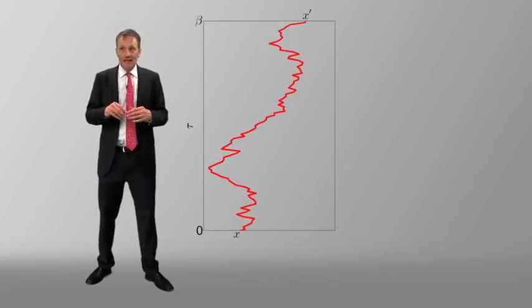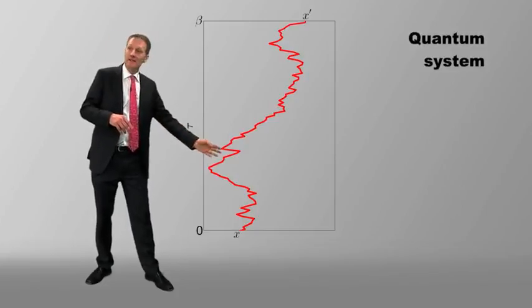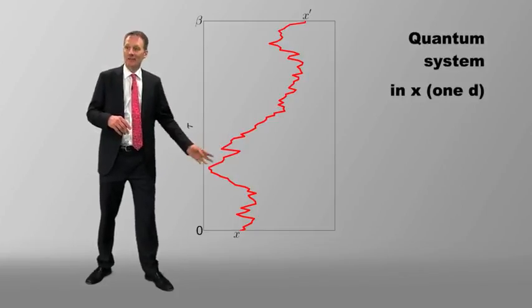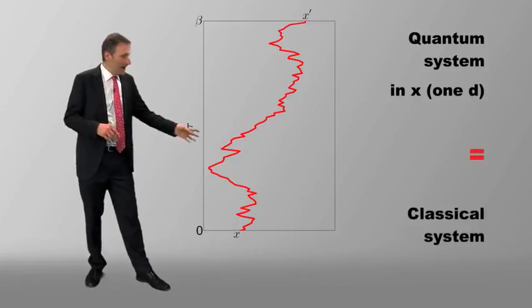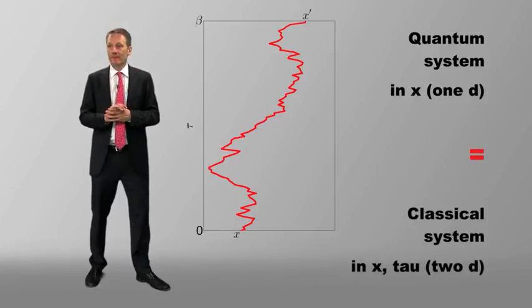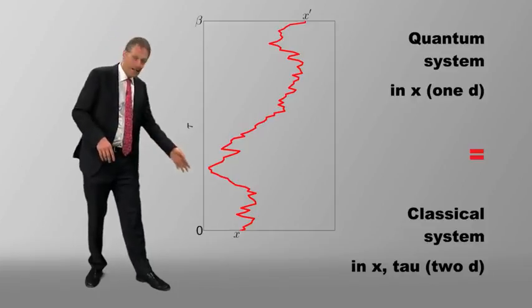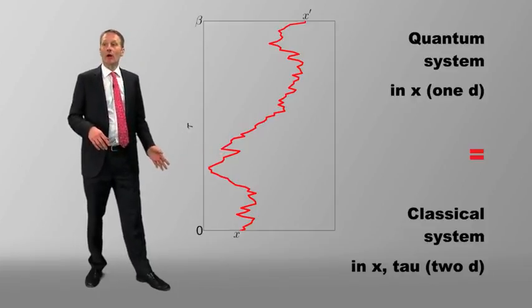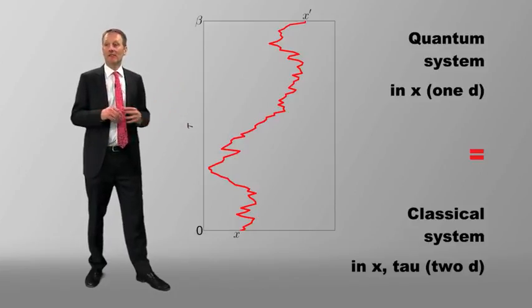Notice that in this picture we are discussing a quantum system in one dimension, x. But it looks like a classical line-shaped object in two dimensions. It is for this reason that one says that a quantum system in one dimension corresponds to a classical system in two dimensions.